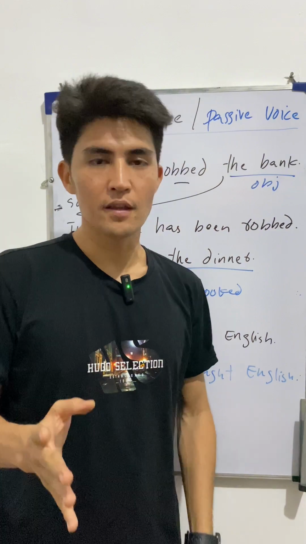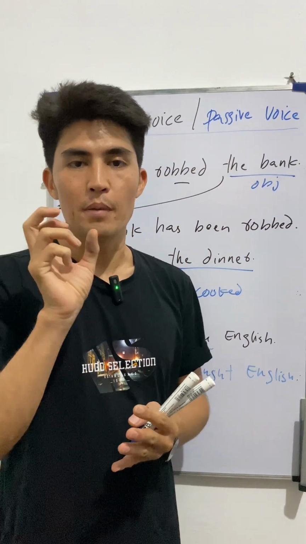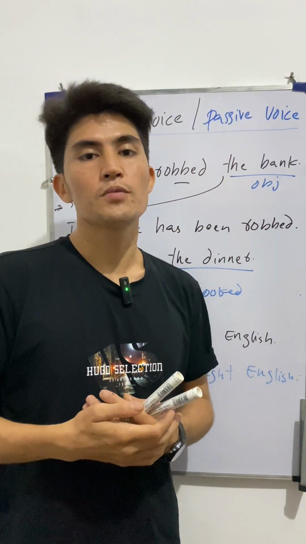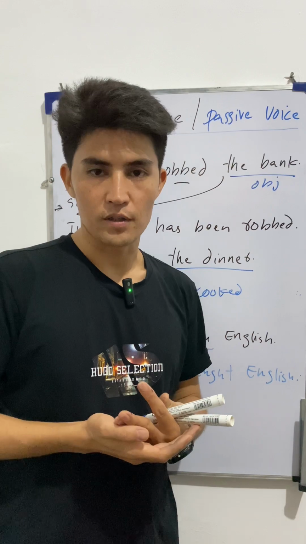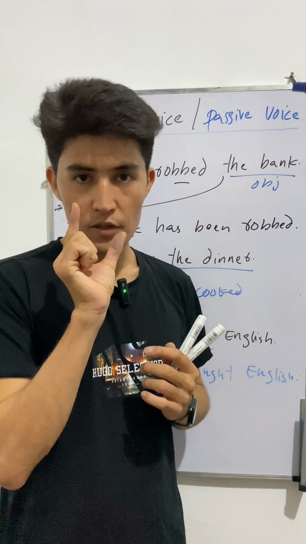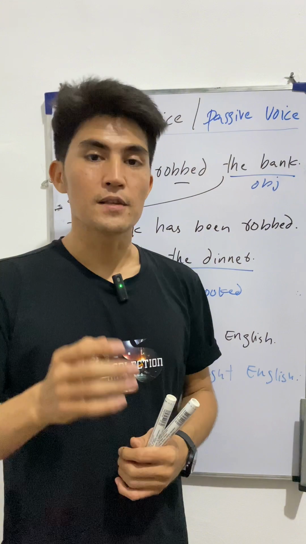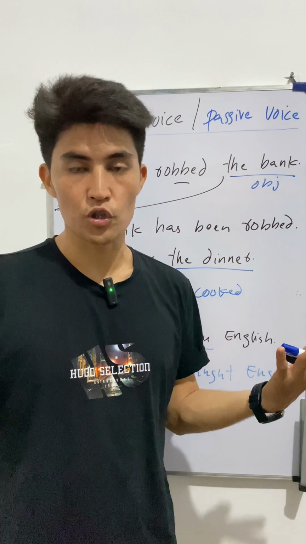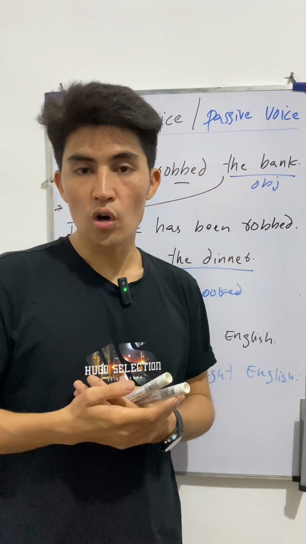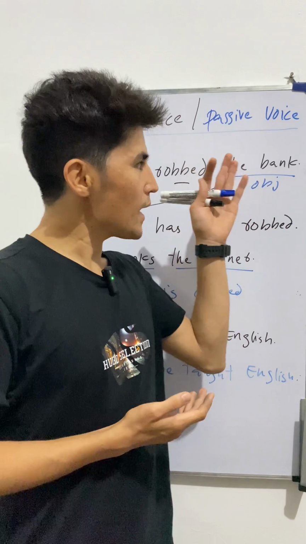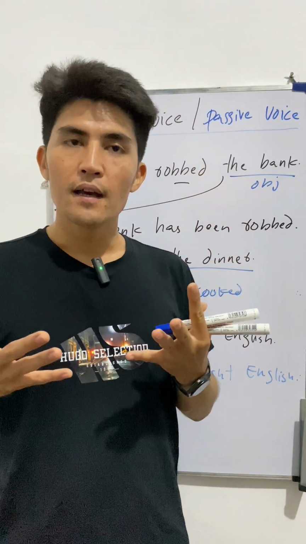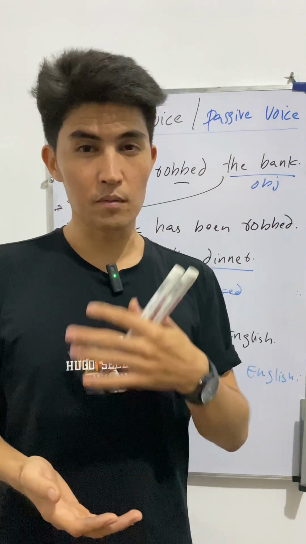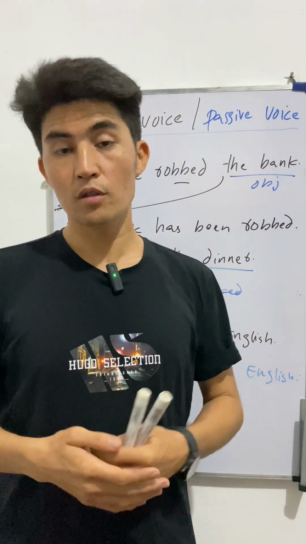So it's very important that you remember that you will use the past participle in passive voice. You will use passive voice when you don't know the subject or when you don't know the doer of the action. شما در passive voice همیشه past participle استفاده میکنید و passive voice را زمانی استفاده میکنید که انجام دهنده یک کار را خبر نداشته باشید یا نشناسید. این یک توضیح کلی در مورد passive voice و active voice بود و در ویدیوهای بعدی تلاش میکنم که در مورد هر زمان برایتان مثالهای زیاد بزنم تا خوب یاد بگیرید.